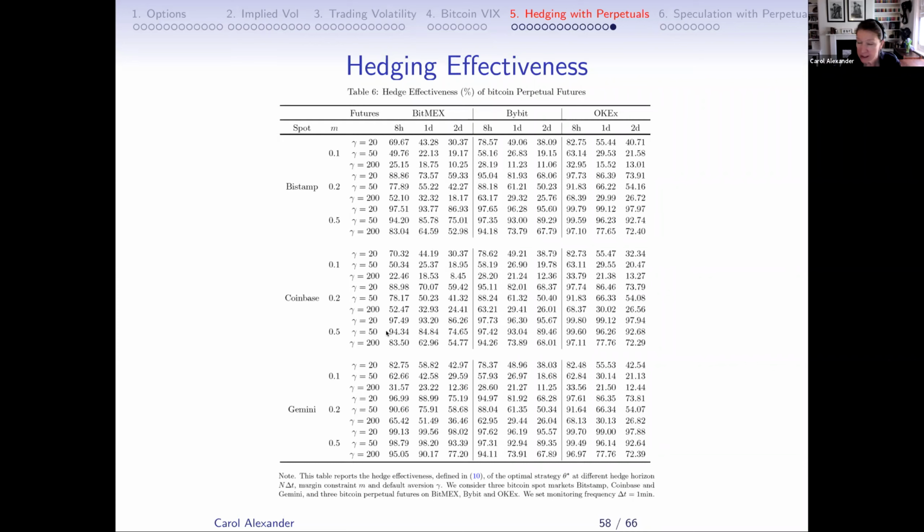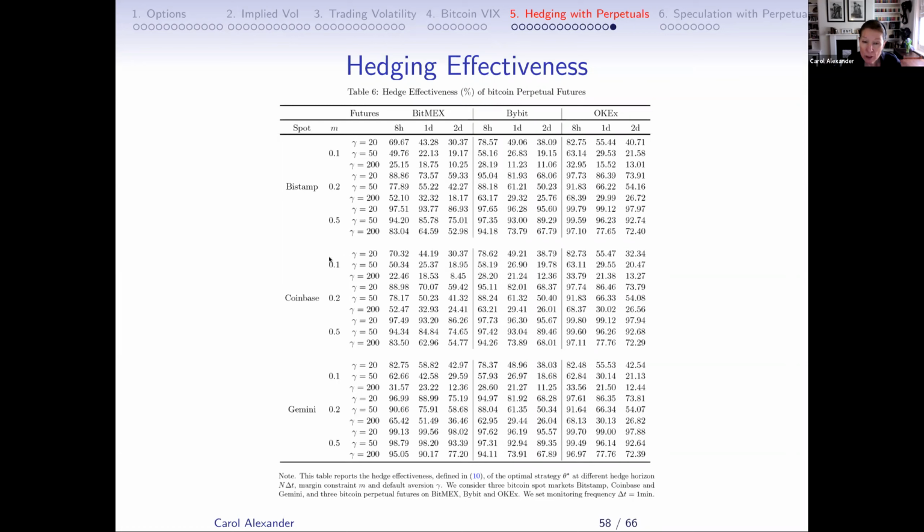The effectiveness is just the variance reduction in an unhedged position compared with the hedged position, and you can reduce the variance pretty well, particularly if you rebalance every 8 hours. The more averse to default you are, the less you'll take in your hedge, and then the hedge effectiveness goes down.